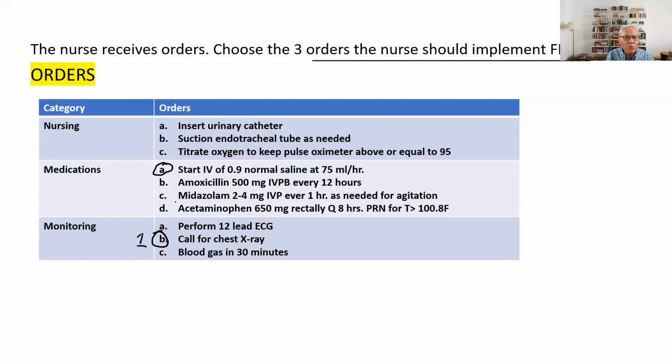The patient was restless, right? So sedation should be given to decrease the agitation. So letter C is correct. All the others could come next, but we're asked for the three orders that the nurse must implement first. Okay?